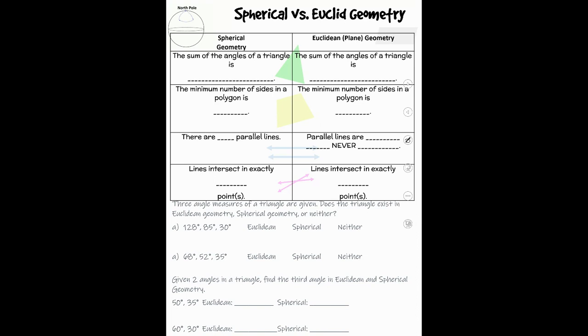So the sum of the angles in a triangle, we know this in Euclidean geometry, is always exactly 180 degrees.